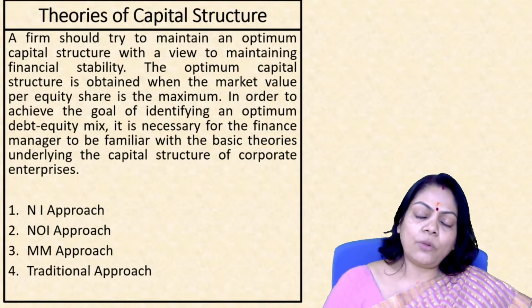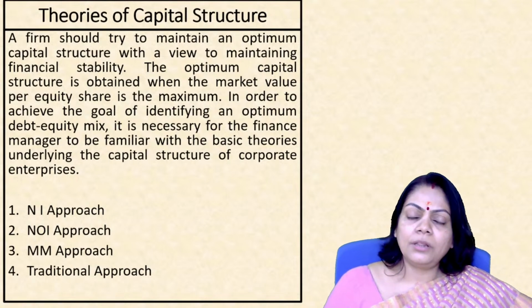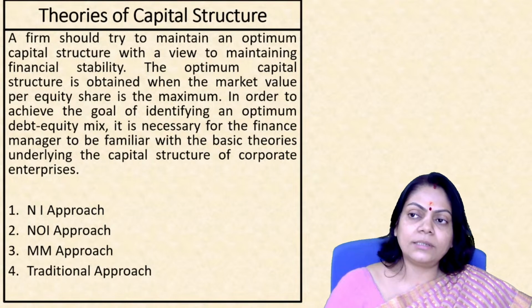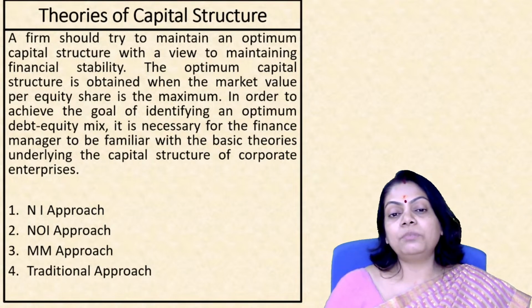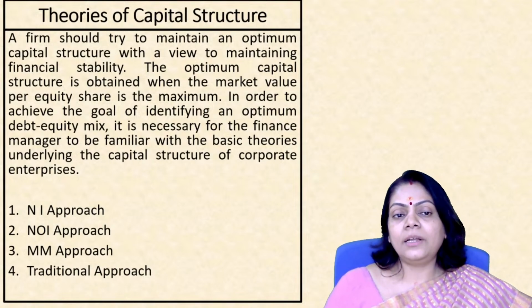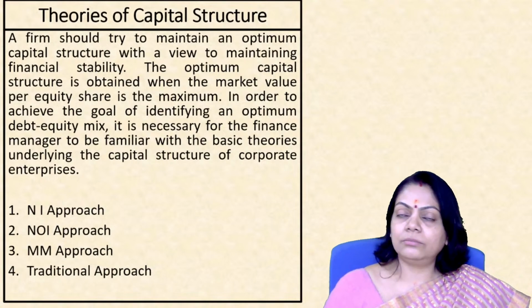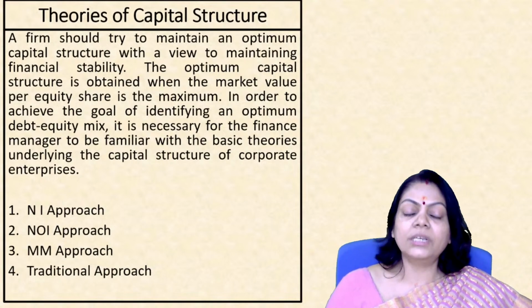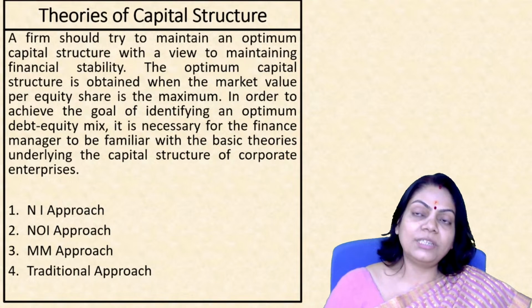What is an optimum capital structure according to them? The optimum capital structure is the structure where the firm value is maximum. And in order to achieve this optimal debt equity mix, several theories have been developed.